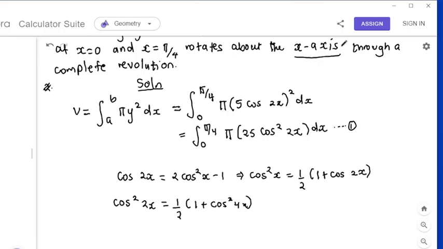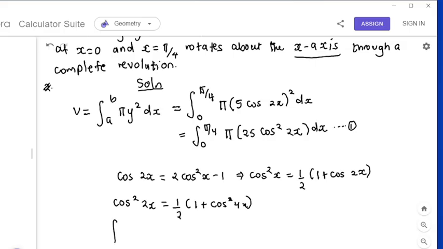We're just applying this formula. So here it's going to be a half into 1 plus cos 4x. This one is just 4x.